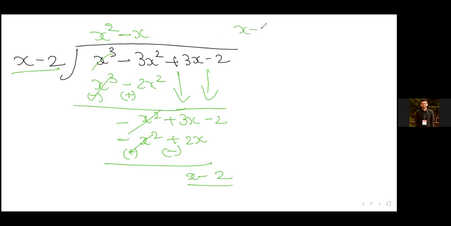That is why x minus 2 into 1, you will get x minus 2, right? So here it is plus 1. Multiply the whole term to this, what you get is x minus 2 and the remainder is 0 here.